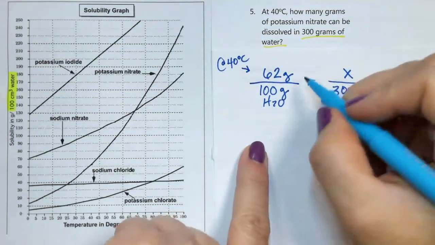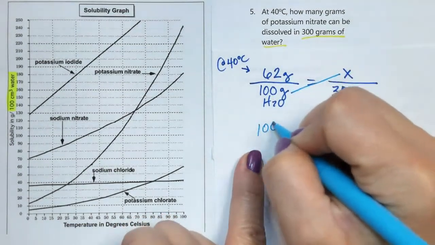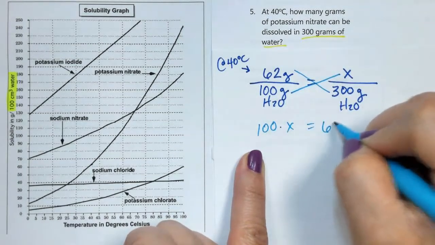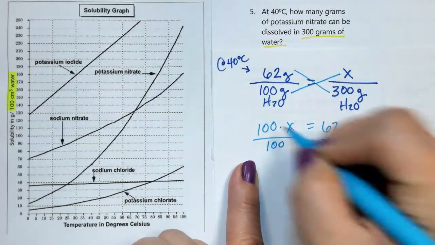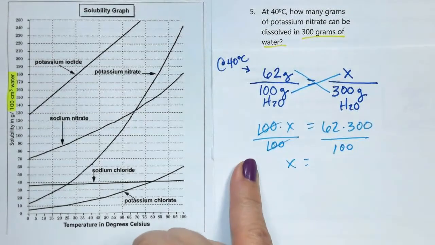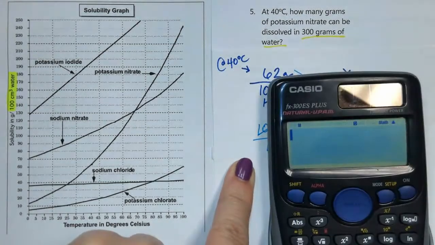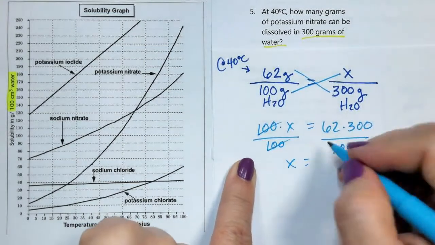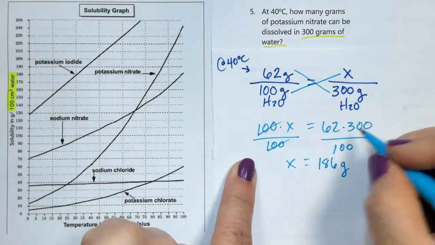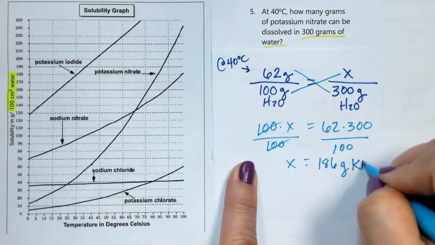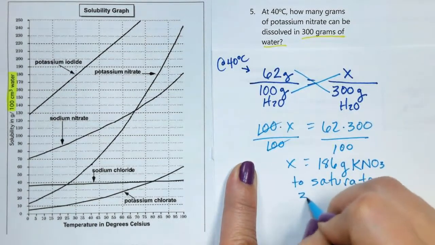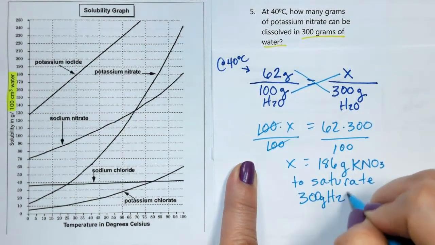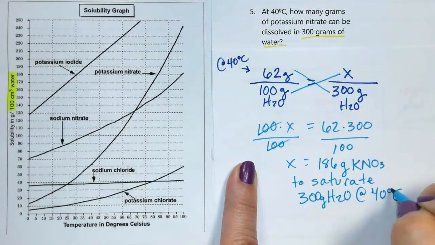We'll just do 100x equals 62 times 300, and to solve for x we have to divide by 100. So x is equal to 62 times 300 divided by 100, 186. So the answer is it would take 186 grams of potassium nitrate to saturate 300 grams of water at 40 degrees Celsius.